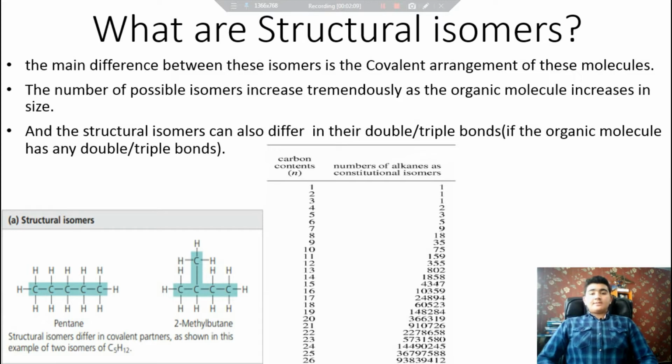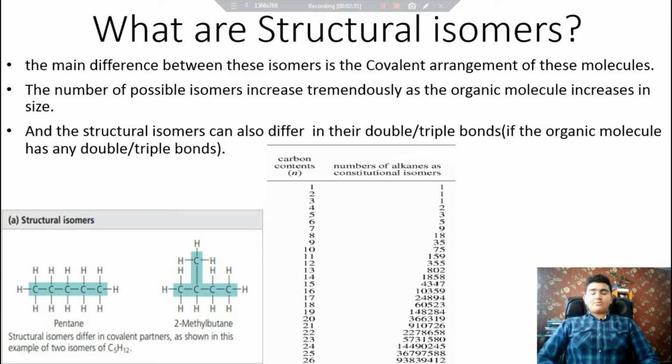So let's look at this picture or table more in depth. Okay, first things first, this table is made specifically for alkanes. Okay, so these alkanes are a kind of carbon skeleton that all of the bonds of them are usually single carbon bonds.